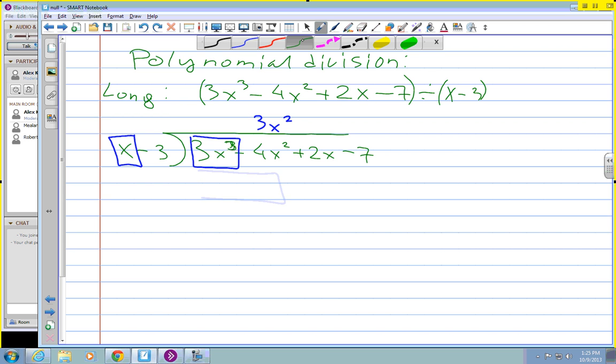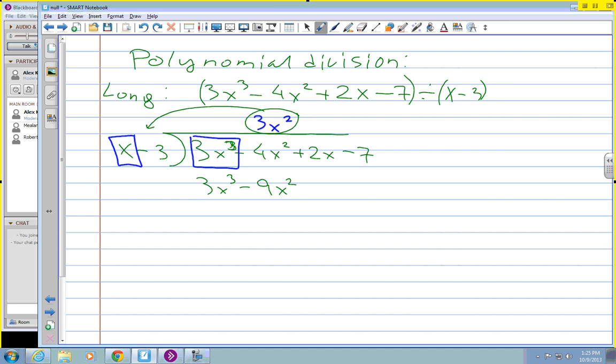If I take 3x squared and multiply that by x minus 3, I should get 3x cubed minus 9x squared. Do you agree with that? Multiplied by the entire x minus 3, so multiplying by the whole thing.